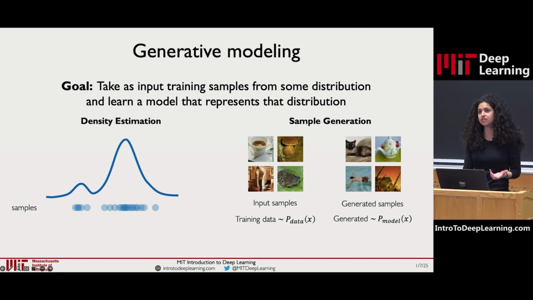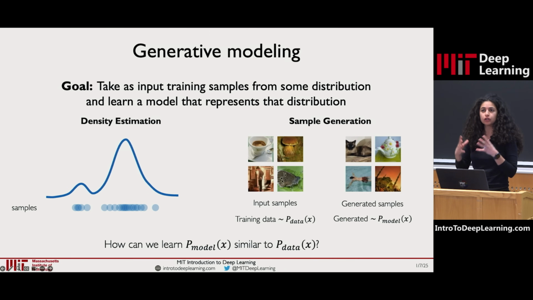And in both cases, our underlying question here is how can we effectively learn this estimate of the probability distribution, P of x, that's going to be as close and as similar to the true data distribution as we possibly can get. Right, so this is the core principle of generative modeling, trying to learn a good probability distribution that represents your data.